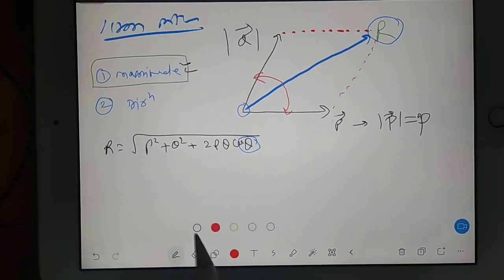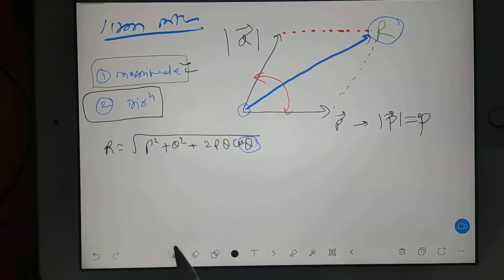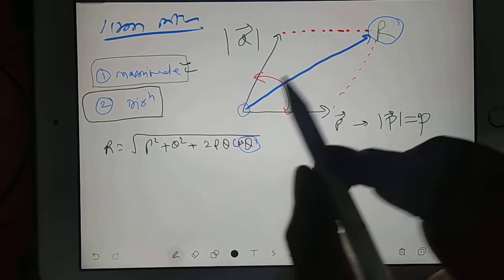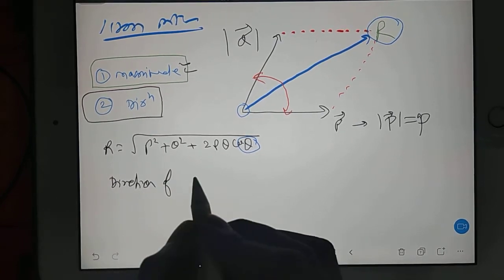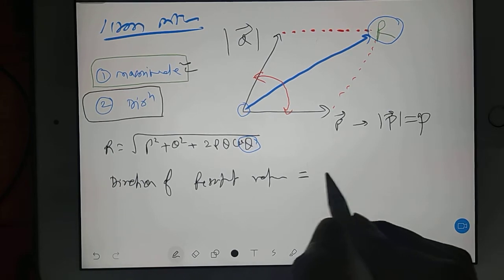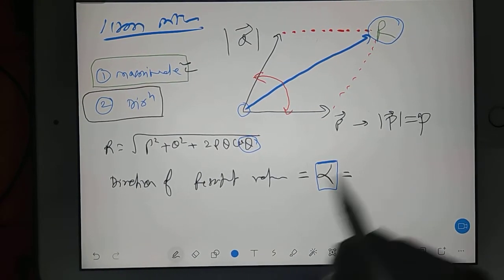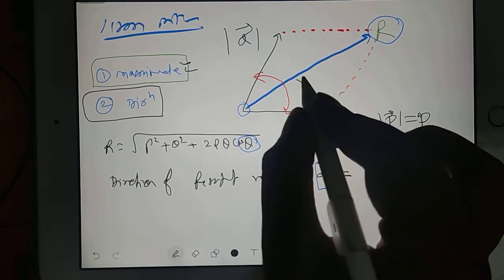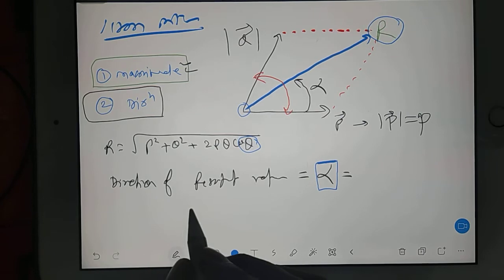But sometimes they ask for the direction of the vector. Direction of which vector? Direction of the resultant vector. I will call this angle alpha. This angle alpha I am measuring from p. Now for that alpha, you have a trick.